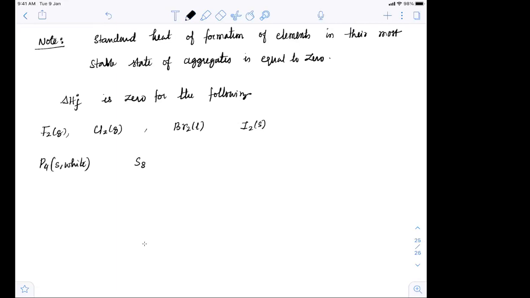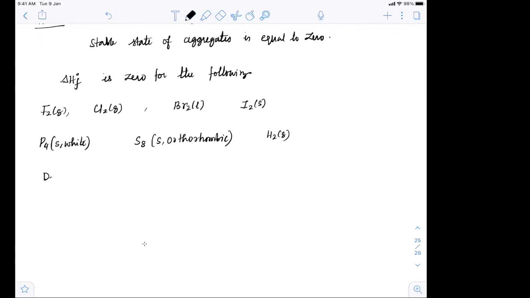Next, S8 also solid, and it has allotropic forms. One allotrope which is most stable is orthorhombic, and H2 in its gaseous state, got it? D2 deuterium in its gaseous state, tin in white solid state is also 0, arsenic in solid gray state is also 0.